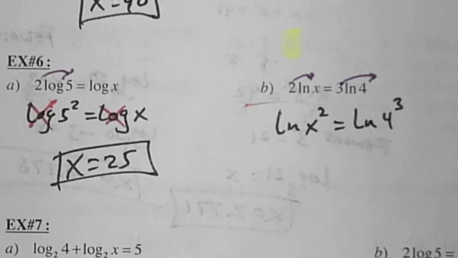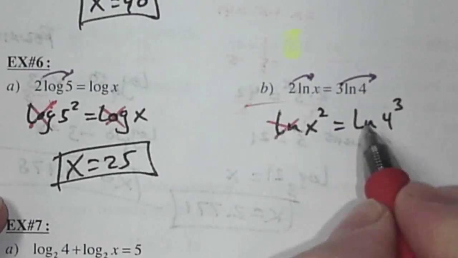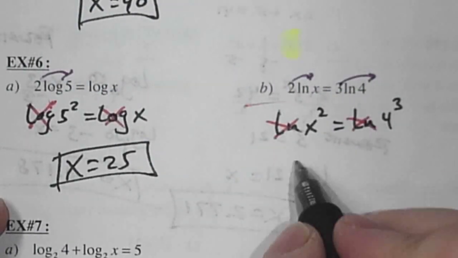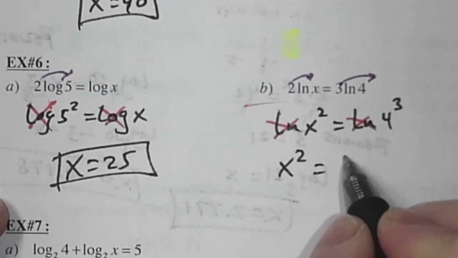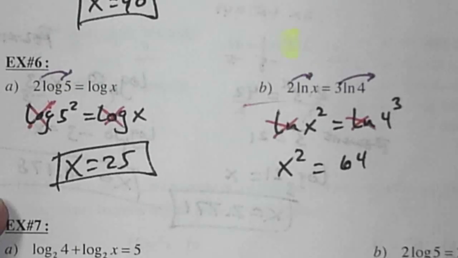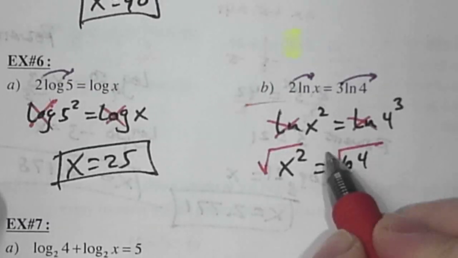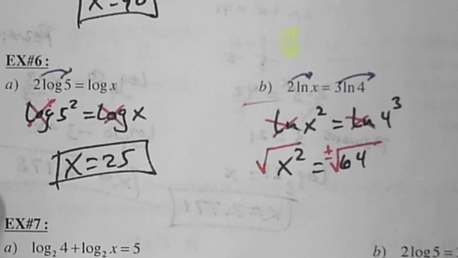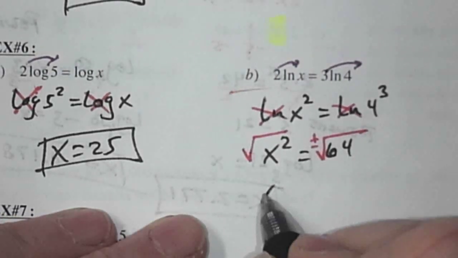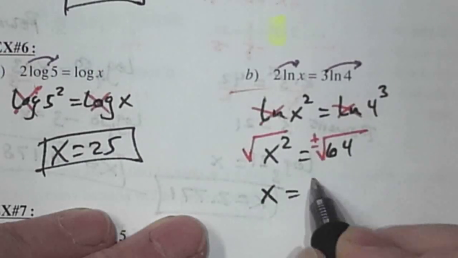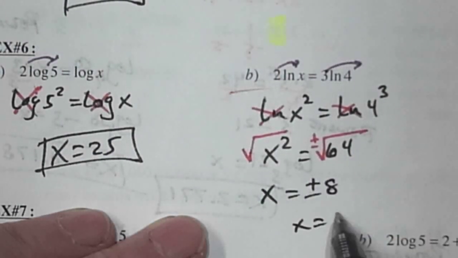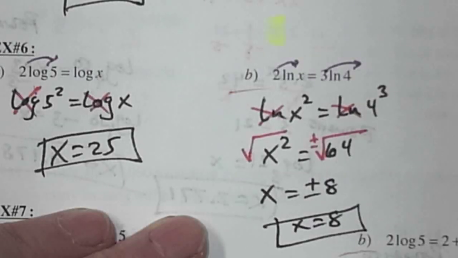So the numbers in front become exponents. Exponents become numbers in front. I have 1 log on each side, natural log. Cancel them out. I get x squared equals 64. That's 4 to the 3rd, 64. I'm going to take the square root, putting a plus minus like a dutiful person here. I get x, because this cancels, and I get plus or minus 8, and so my answer is 8.